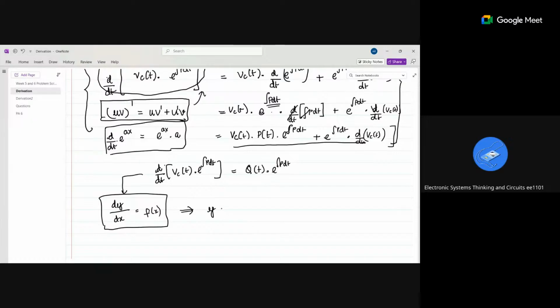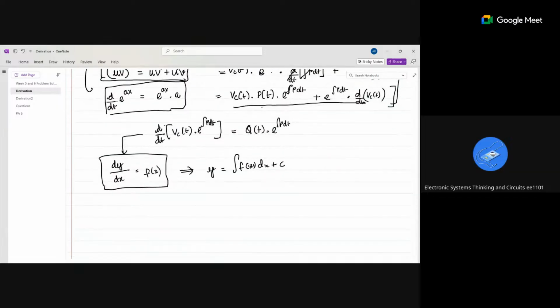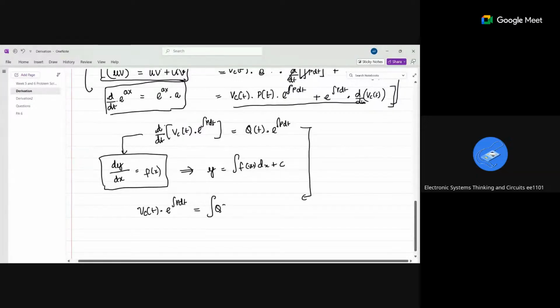So y is equal to ∫f(x) dx plus c. So the same equation you're going to apply in this equation. Vc(t) times e^(∫P dt) is equal to the integral of Q(t) e^(∫P dt) dt plus c, right?